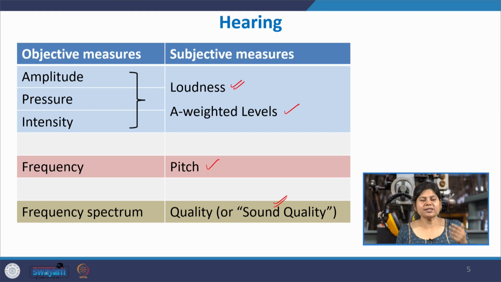Loudness and the A-weighted levels are the subjective version of the amplitude or the pressure or the intensity of the sound, and pitch closely relates to the frequency of the sound or the frequency content. Sound quality is both the time and frequency distribution, so it is the overall spectral distribution of the sound.